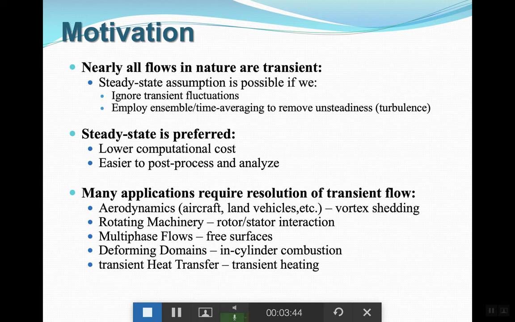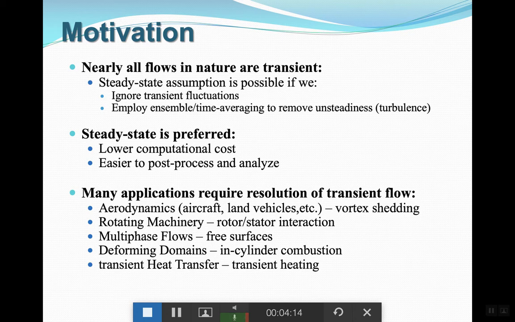Or rotating machinery like turbines, like compressors, like gas turbines, wind turbines, so on and so forth. These are transient flows. Or multi-phase flows. The multi-phase flows is one of the most important subjects, which we have dedicated one session, actually our next teaching session, to that.